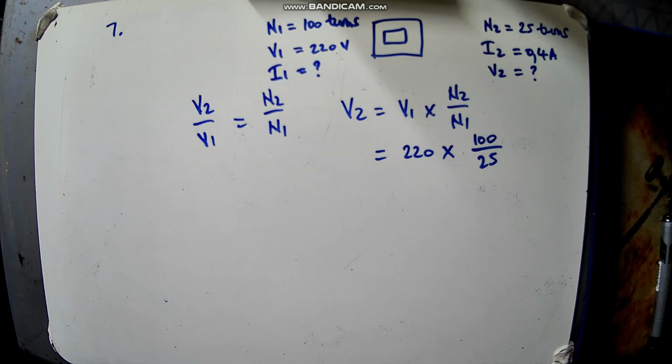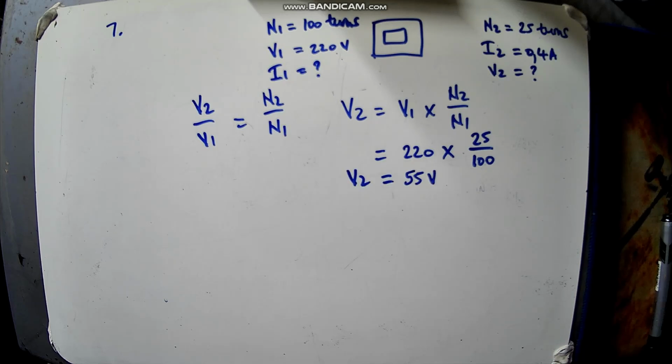I think I put the wrong numbers. Okay, and correcting that, N2 over N1, so it's 25 over 100, right? Multiplying that all out, how much will you get for V2?